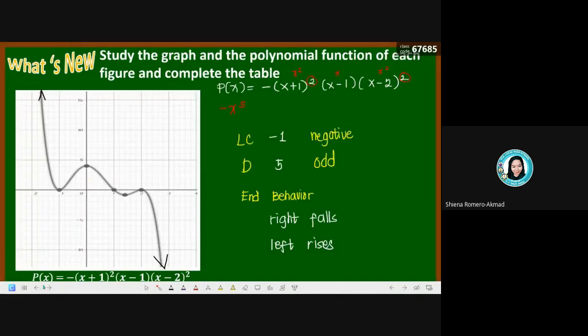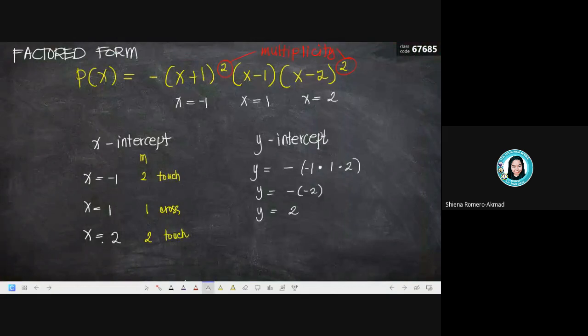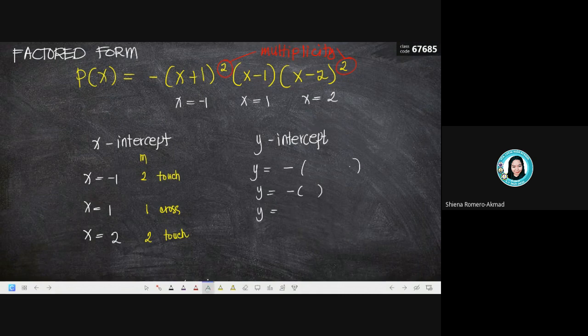Tingnan nga natin doon. Is it 2? Ay, no. Wait. Dahil may exponent sila, you have to consider the exponent. So, -1 squared times +1 times 2 squared.